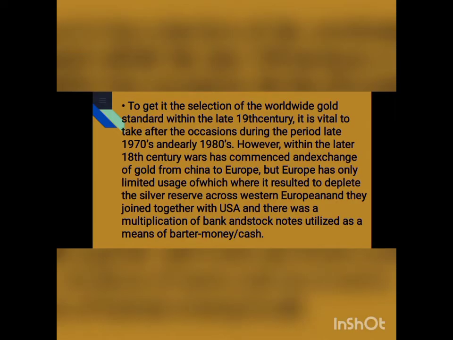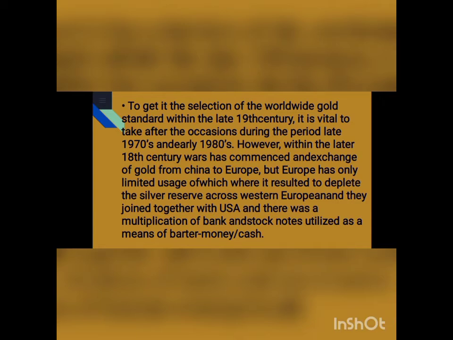Next, to understand the adoption of the worldwide gold standard within the late 19th century, it is vital to look at the events during the period of the late 1970s and early 1980s.